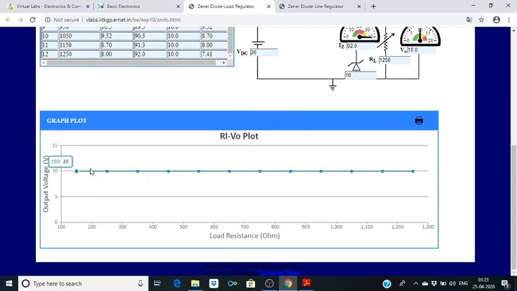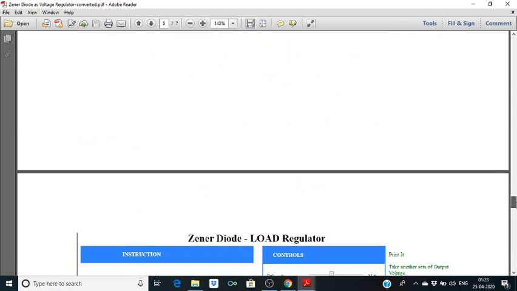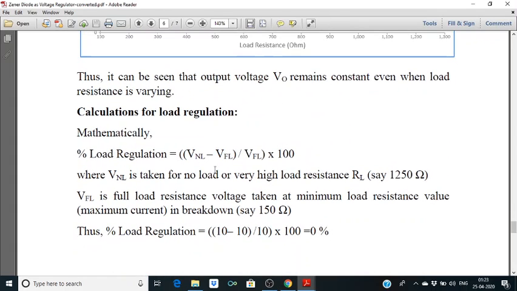So we are getting a constant output voltage even when we are varying the load resistance. Now to calculate percentage load regulation, you can see that 10 volt is maintained at the output. For load regulation we have VNL minus VFL divided by VFL. VNL we take as no load or very high load resistance, say 1250 ohm.